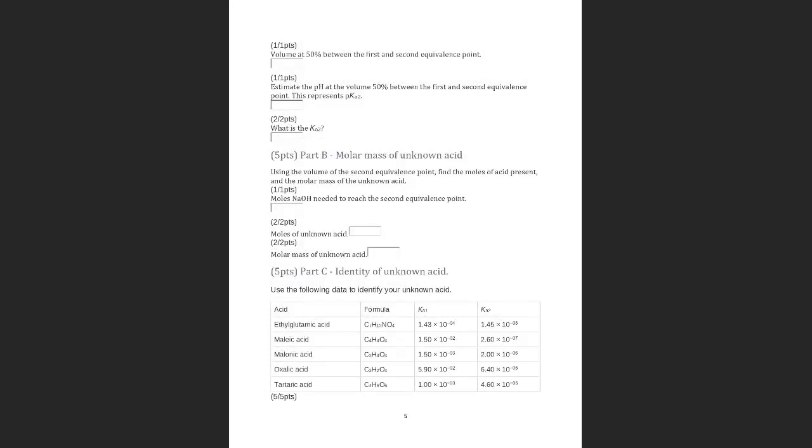And then in part B, you will have to calculate the molar mass of the unknown. How are we going to do that? The first part, moles of sodium hydroxide needed to reach the second equivalence point.